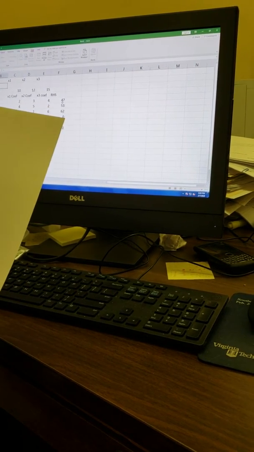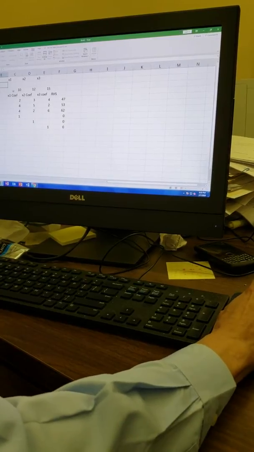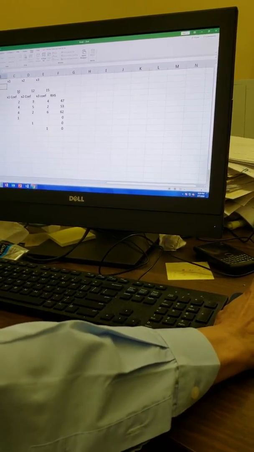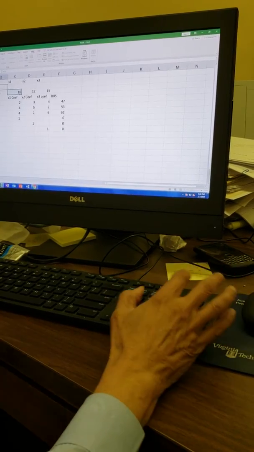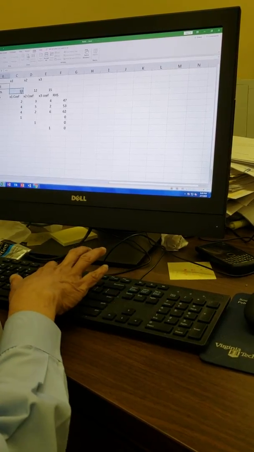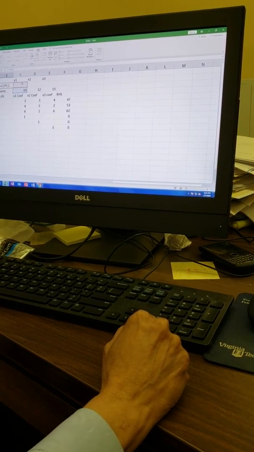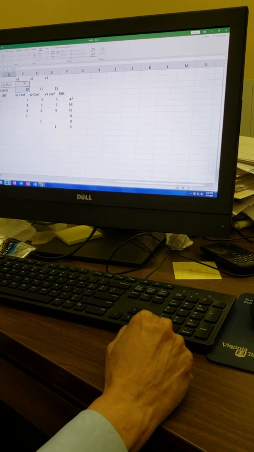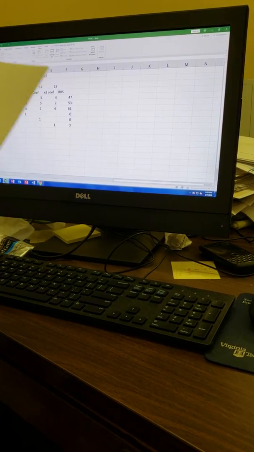The first term is 10x1. So you're not going to put 10, you put the cell reference, and then multiply by the cell for x1. That is the first term, 10x1.